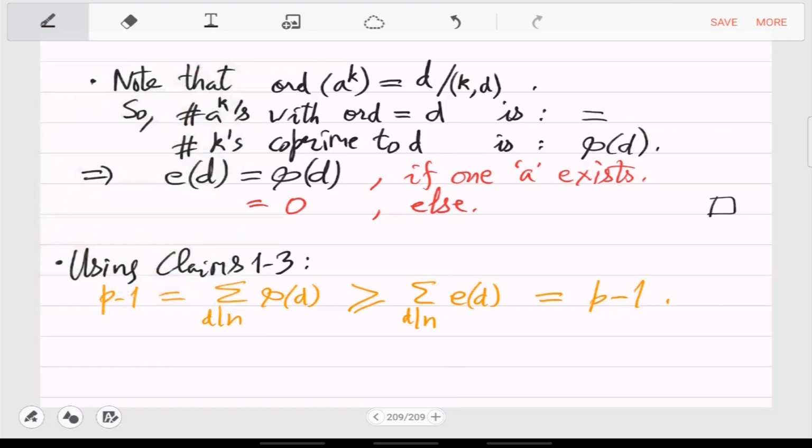So this is a nice kind of averaging argument. Because of this aggregate, you will get that every E of D is equal to phi of D.